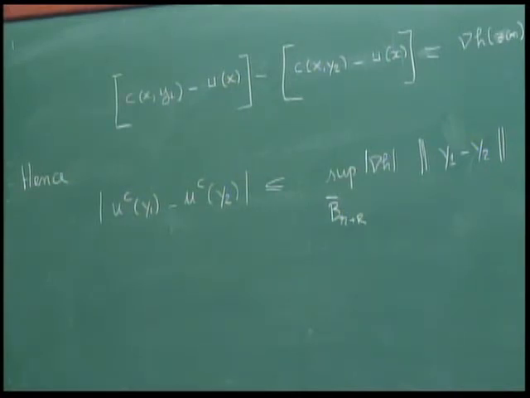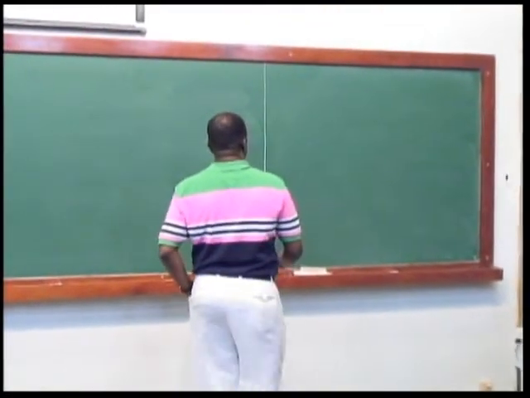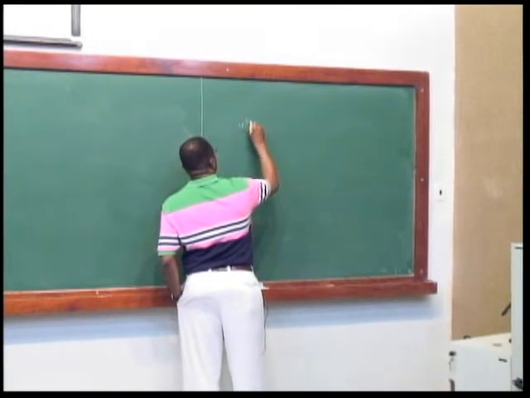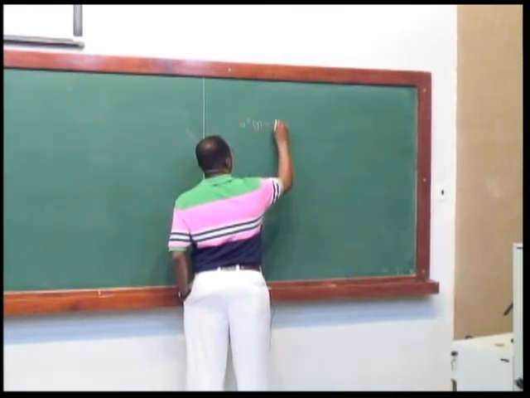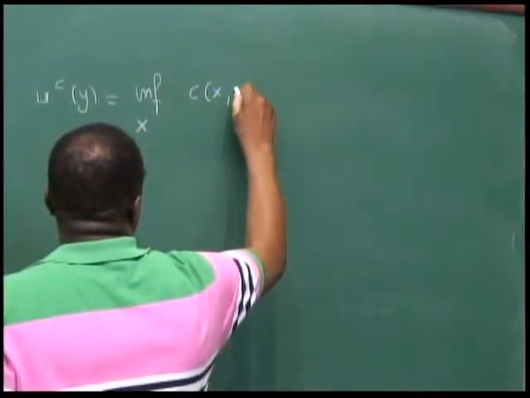Now, here is a crucial piece of information which the whole theory of duality relies on. uc of y is the infimum over x of c of x, y.